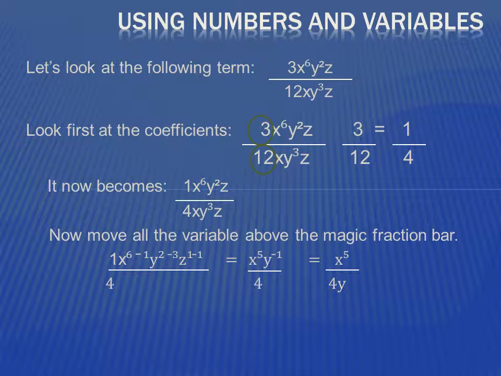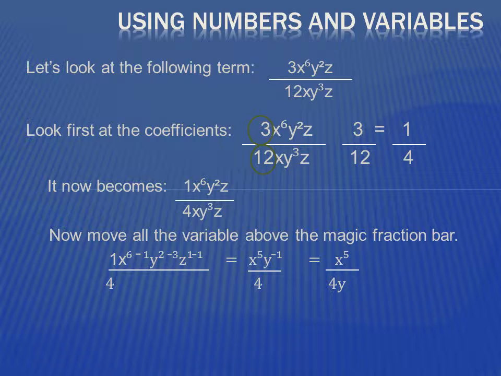So we can get rid of our 1 for our numerator because we don't need the placeholder. So x to the 6 minus 1 is x to the 5th. Y to the second minus the third, 2 minus 3 is negative 1. And z to the 1 minus 1, well, that's z to the 0, which we know anything to the 0 power is simply 1.